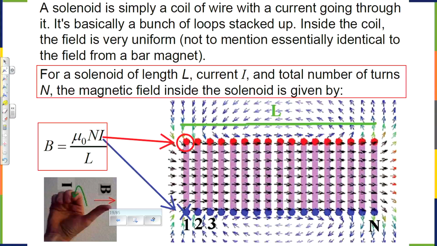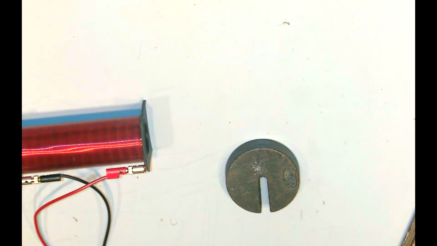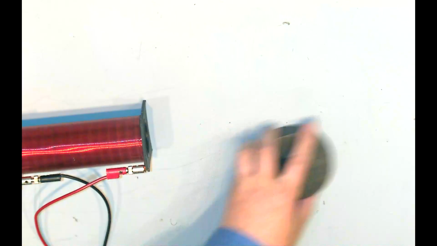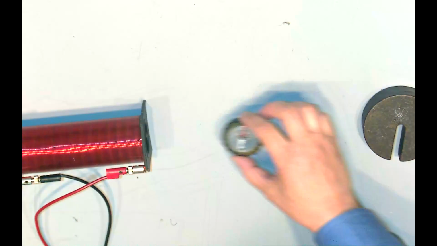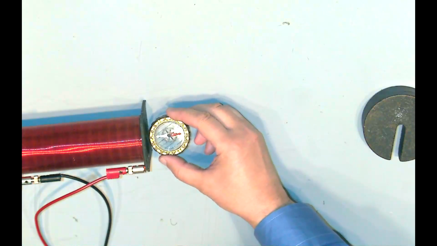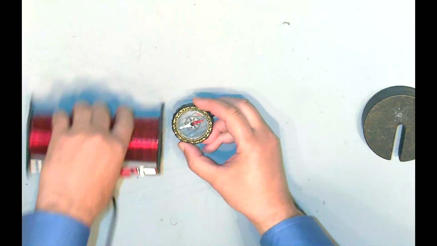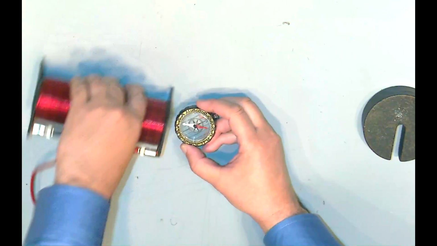Now, there is magnetic field. Okay. That's how we check the presence of magnetic field.